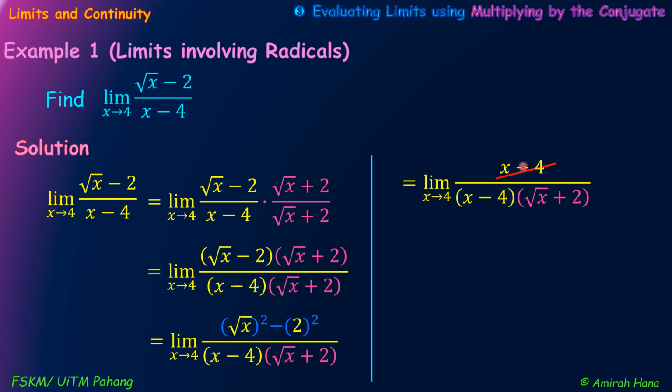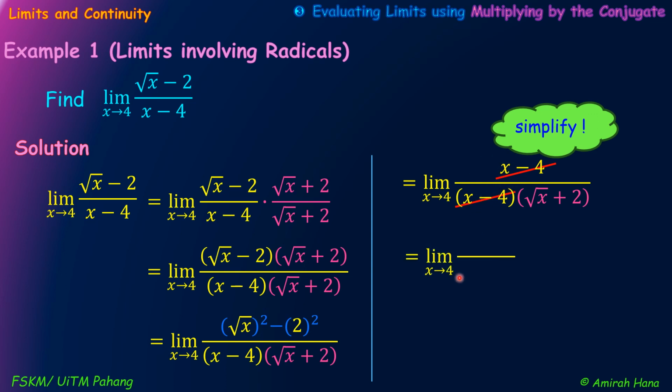From here, you can see that we have the same term in the numerator and denominator, so we can cancel, or simplify. After we simplify, we get the limit as x approaches 4 of 1 over (√x + 2). From here, we still have the limit expression. After we simplify, then we can use direct substitution, and after that, no more limit expression.